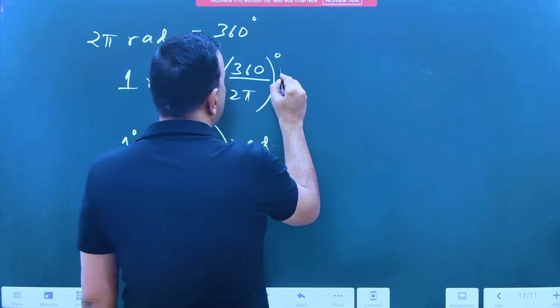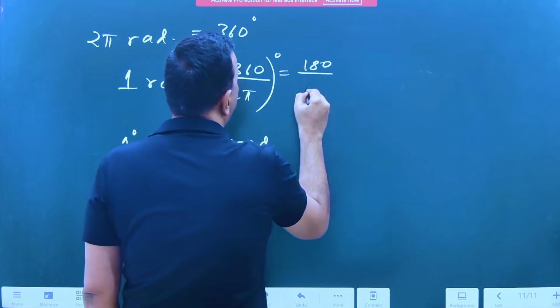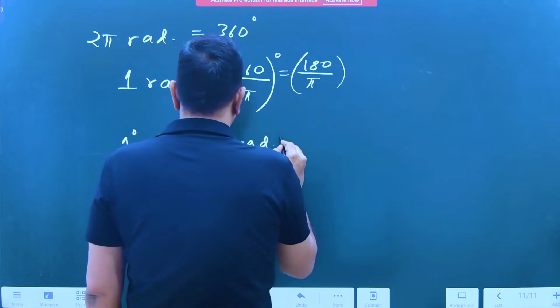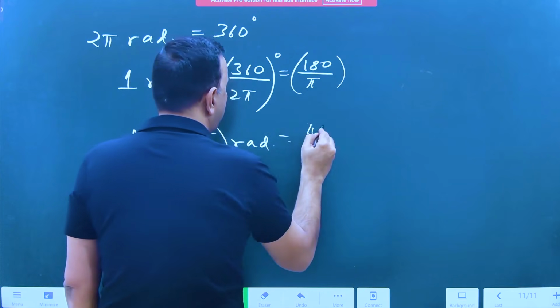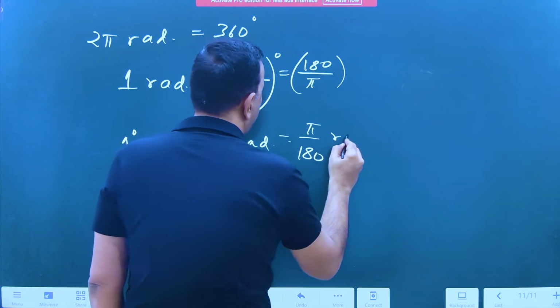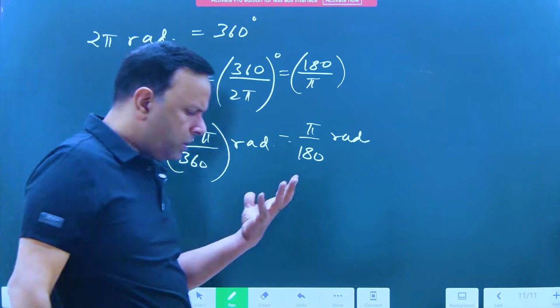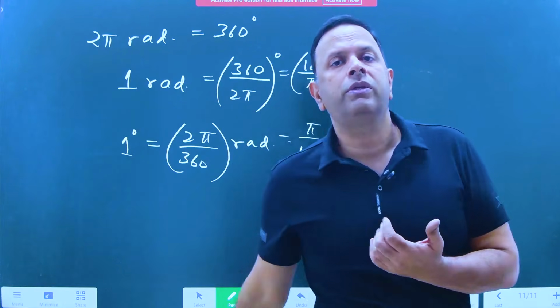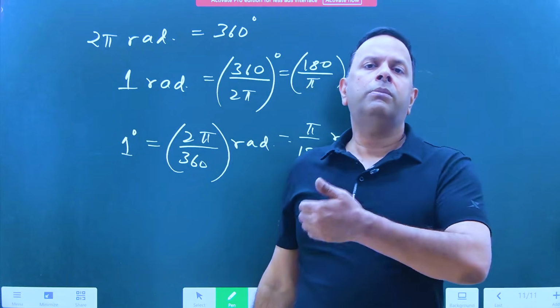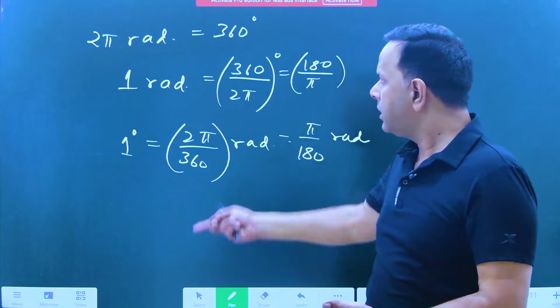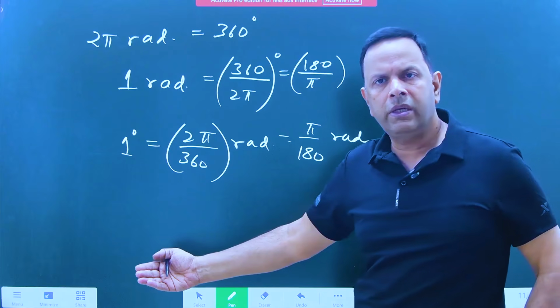Now this 360 by 2 pi can be written as 180 upon pi. This can be written as pi by 180. So these are your relations for the conversion. If you have to convert something from one system to the other, you will be using this relation.